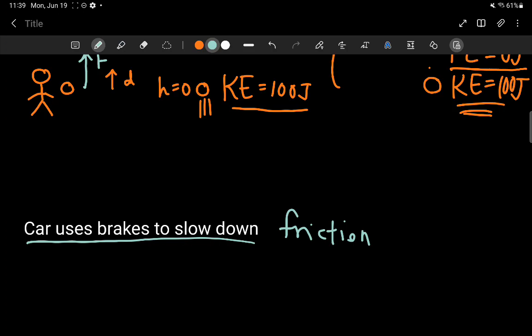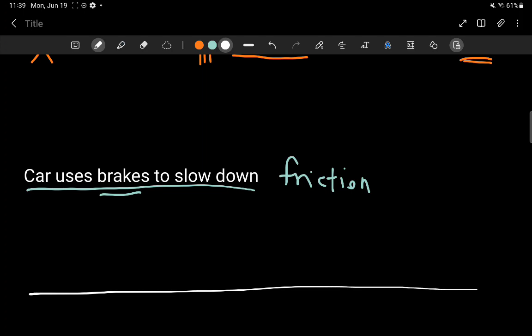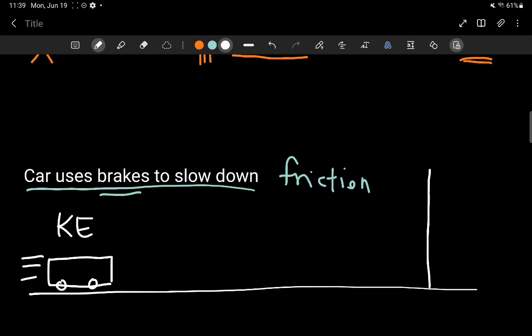So let's say I've got a nice big flat horizontal road, and here is a car. So there's wheels of the car, and it's moving, and it's got quite a lot of kinetic energy. And then what it needs to do is slow down before, say, hitting a house, right? So what it does is it uses its brakes to ask for a force so that it slows the car down.